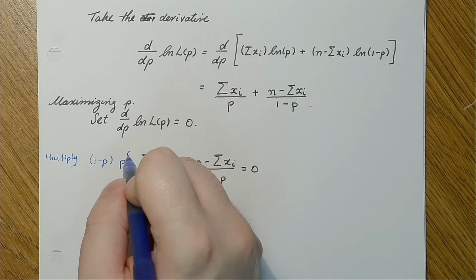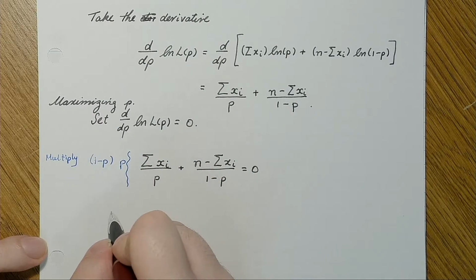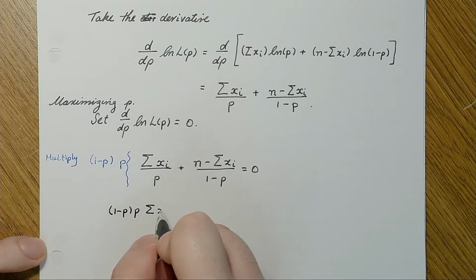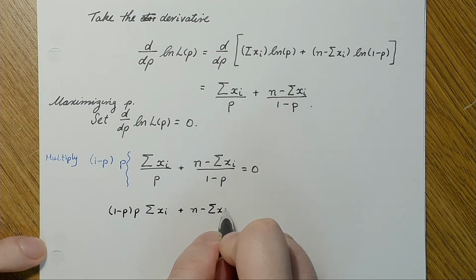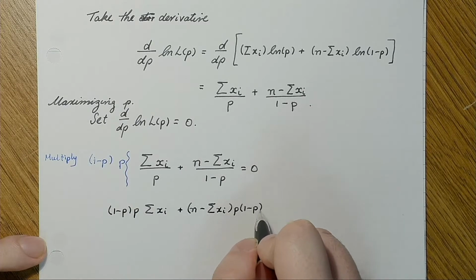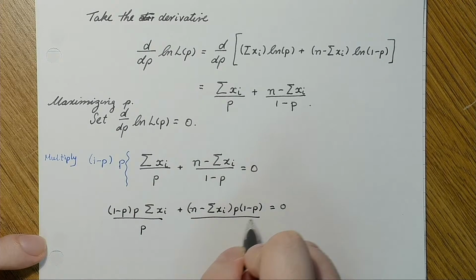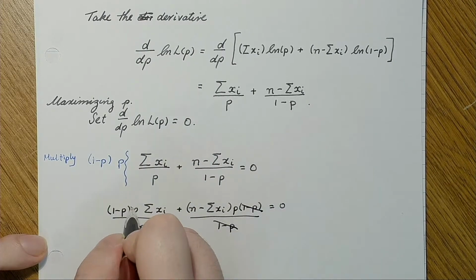If I write that out then, what I get is 1 minus p, and I'll have the sum still. Okay, so that will cancel out here, and this will cancel out here.